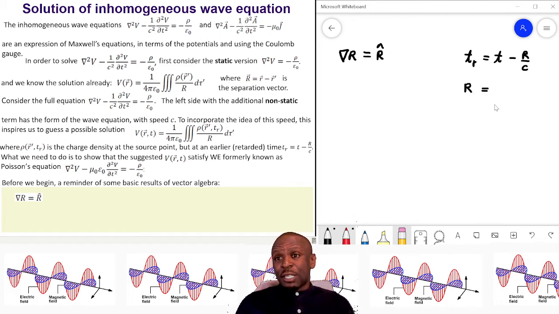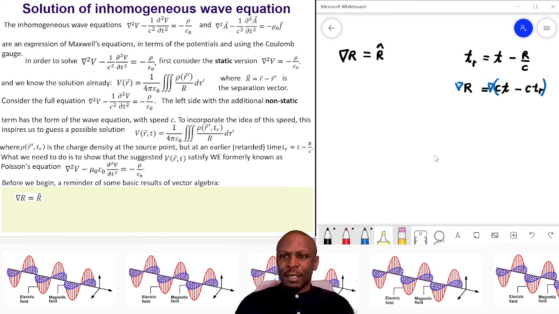R is equal to ct minus ct_r. Now if you take the gradient of R, it means that you also take the gradient on the other side.